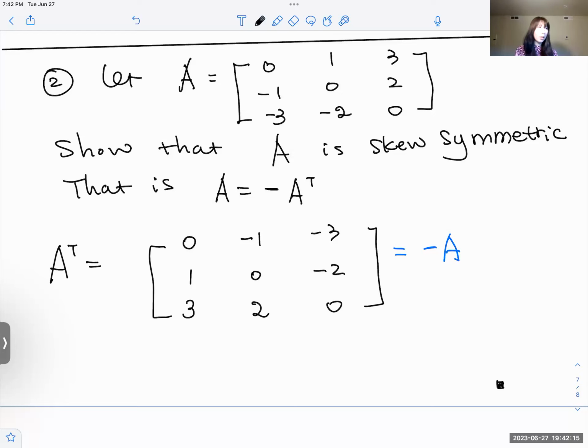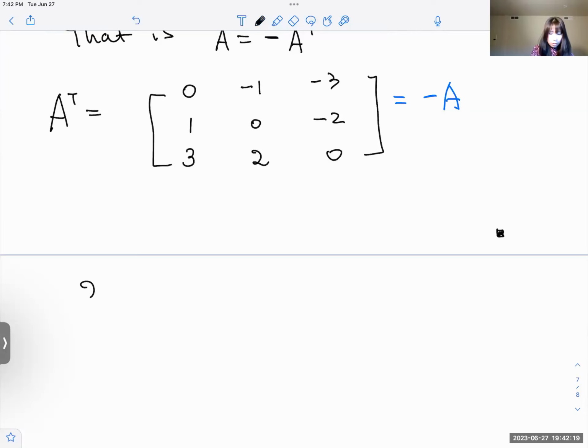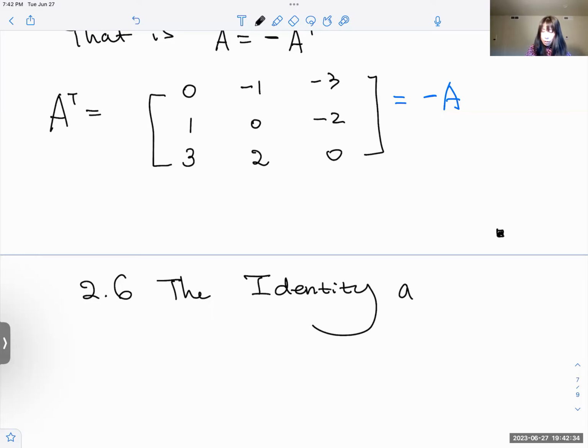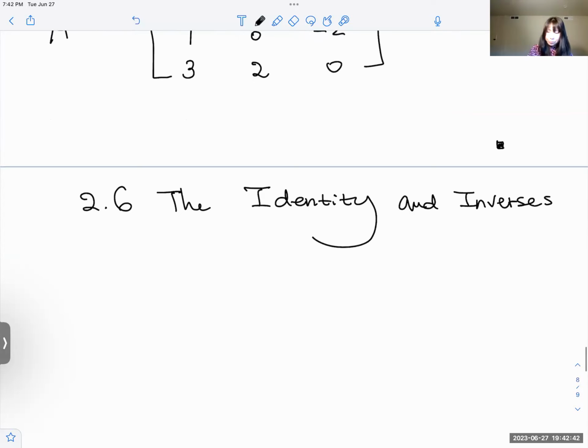Okay, let's keep doing that. Identity and inverse. Okay, identity matrix.